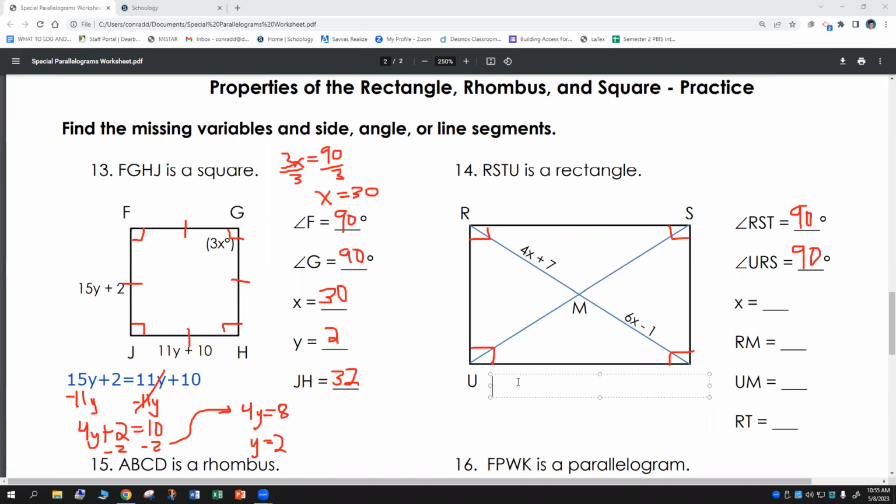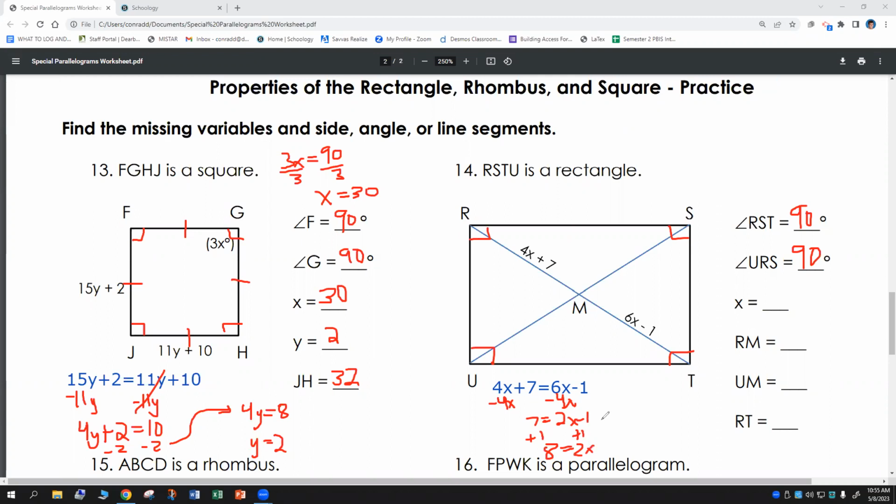So we're going to do 4x plus 7 equals 6x minus 1. We're going to solve for x. So we'll subtract 4x from both sides. We get 7 equals 2x minus 1. We'll add 1, we get 8 equals 2x.